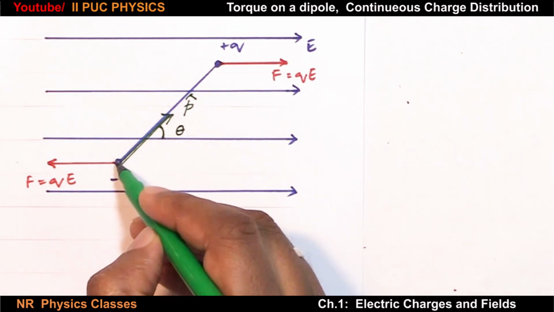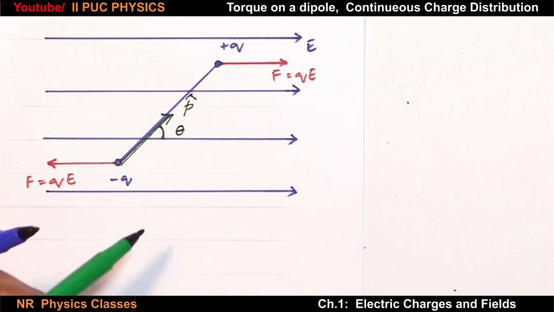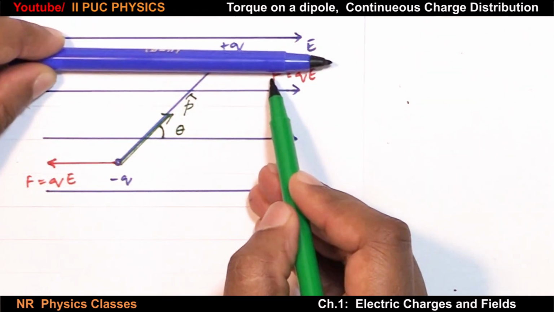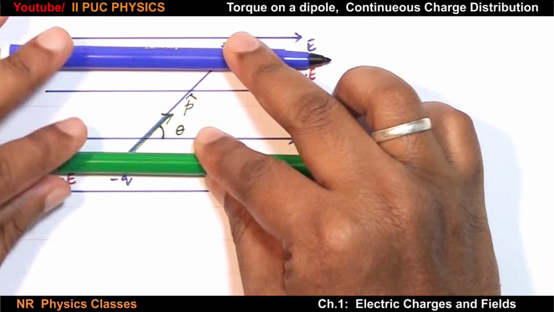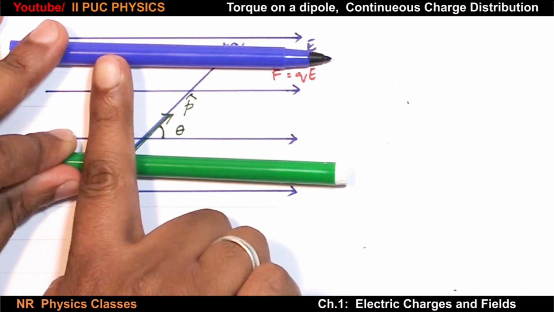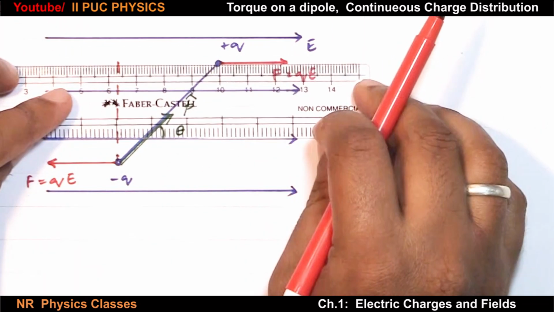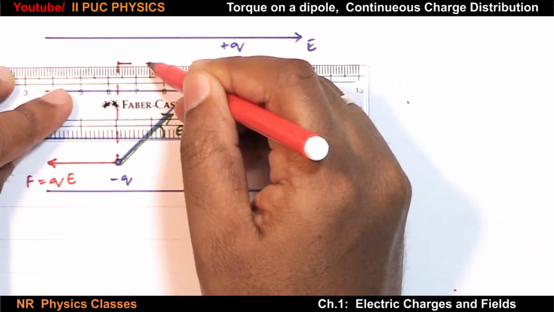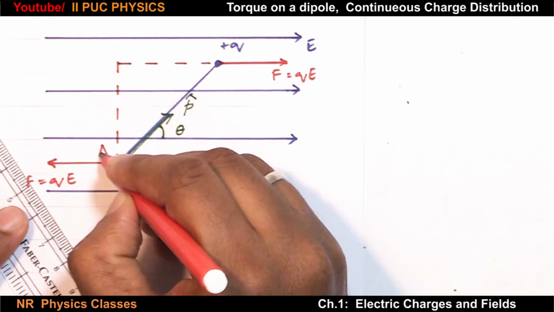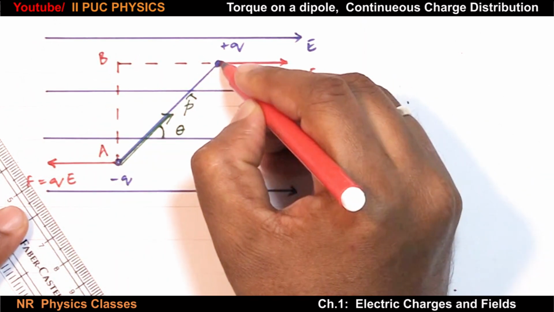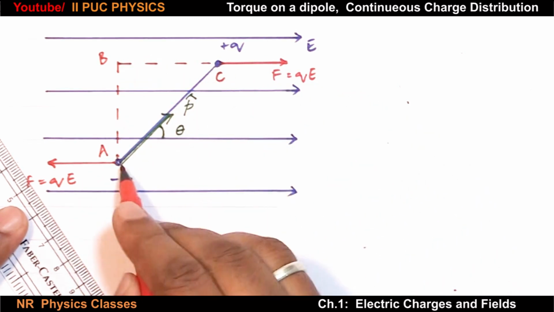Now, to find the shortest distance between these two forces, observe this force is represented by this pen. This force is represented by this pen. The shortest distance between these two means this perpendicular distance from here till here. One more perpendicular. If this point is A, this is B, and this is C, AB is the shortest distance between these two forces.